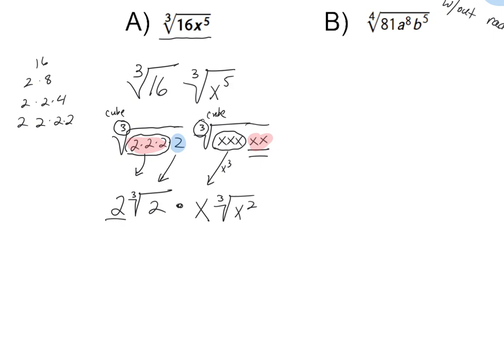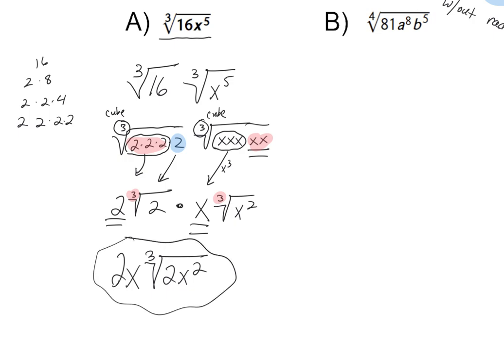As a rule, the coefficients, the numbers in front of the radicals, can be multiplied together, so 2x. And we can multiply, as long as the roots are the same, we can multiply what's underneath together. So I have a 2x on the outside, right there, and then simplified to a 2x squared on the interior of the radical.